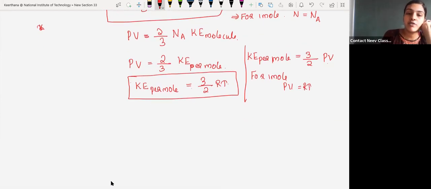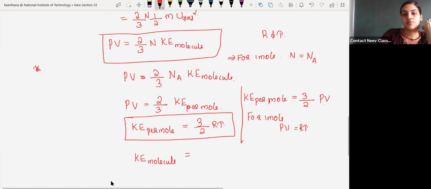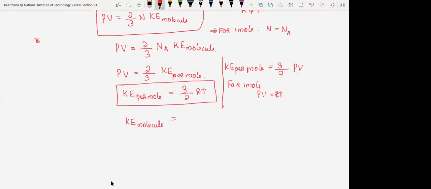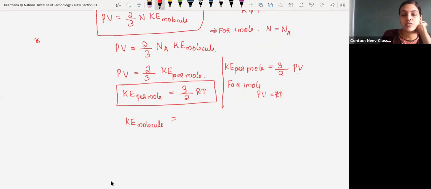And then what will be the kinetic energy of one molecule from this equation? 3/2 RT by Na. This is for one molecule, from 1 mole of molecules. So I can write it is equal to 3/2 RT divided by Na.